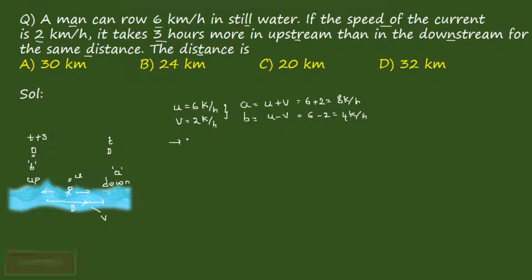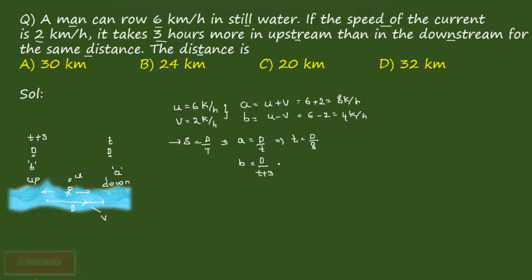The other thing we know is speed is equal to distance by time, right? If you consider downstream, then A is equal to distance traveled, D only, time taken as T, but A is here 8, then we can write T is equal to D by 8. If you consider upstream, then B is equal to distance D only, time taken as T plus 3, right?